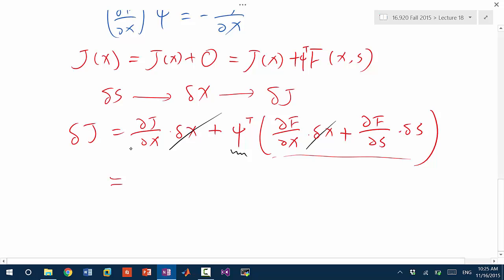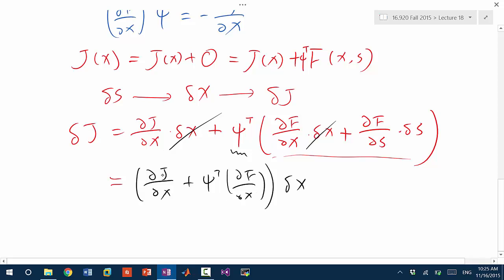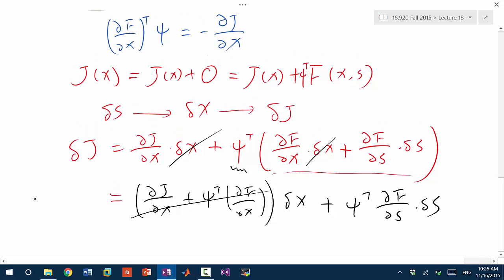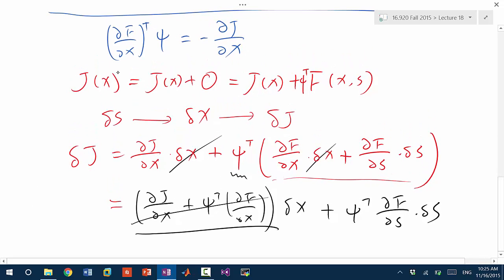So if I combine the terms, I have partial j partial x plus phi transpose partial f partial x times delta x. This is what is multiplied on delta x, which I want to set to 0, plus phi transpose partial f partial s times delta s. So that is the adjoint equation.